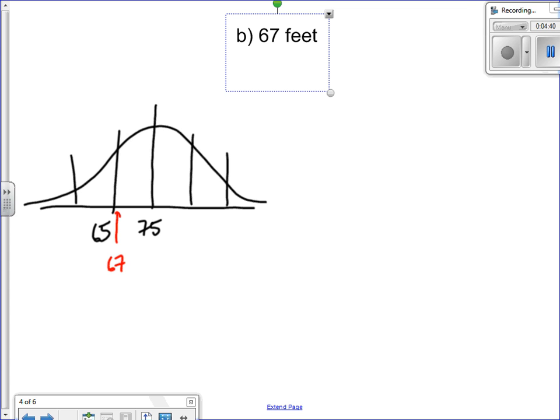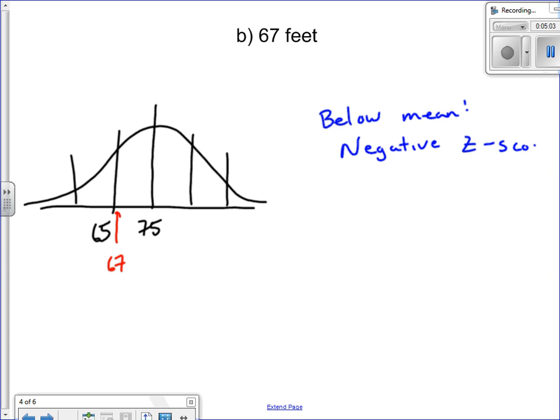The one thing to point out here is that if you're below the mean, we should have a negative z-score because we are negative standard deviations below the mean.